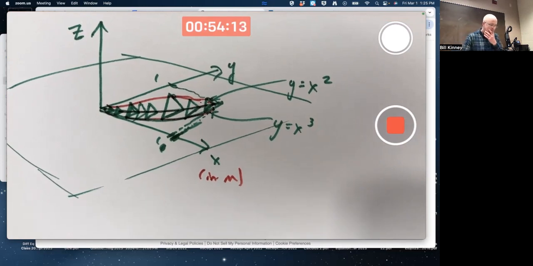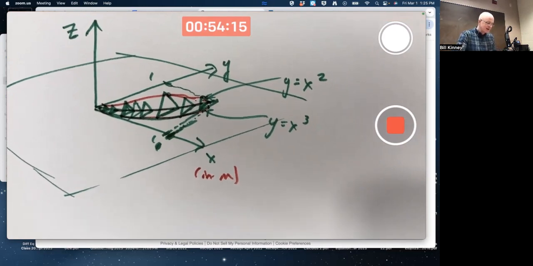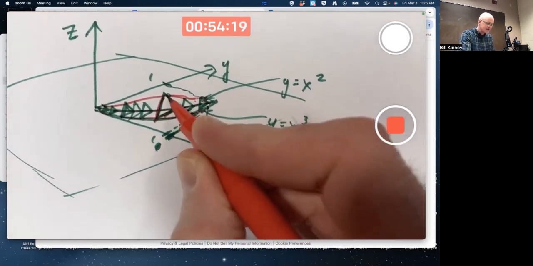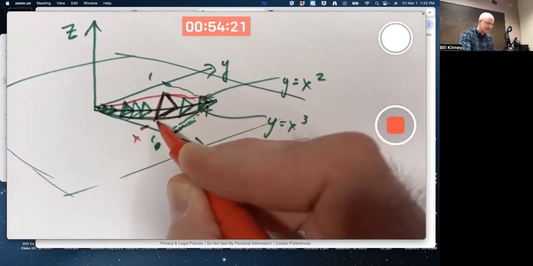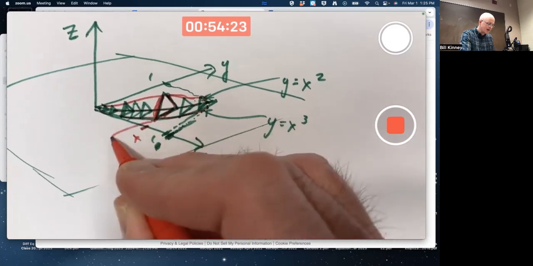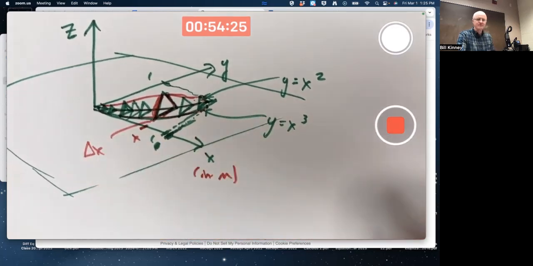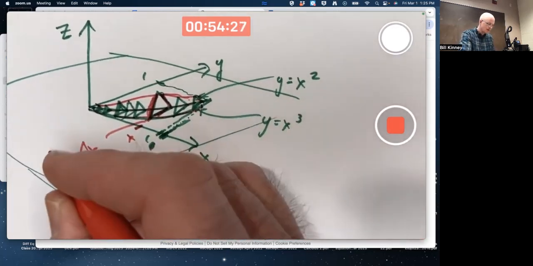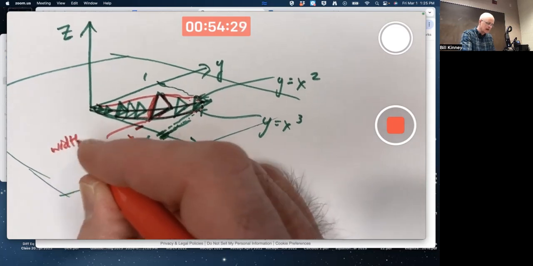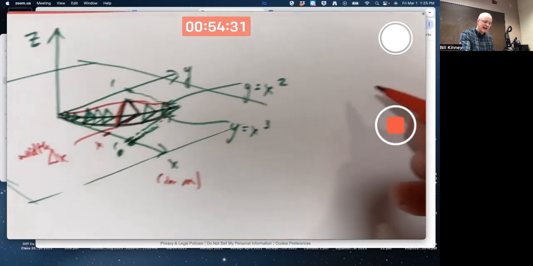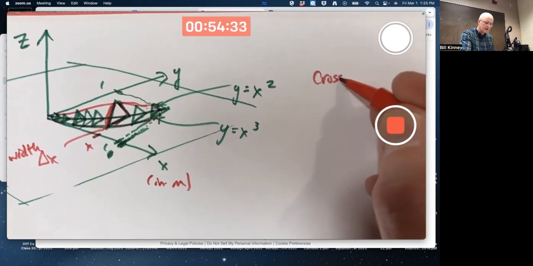Okay. What's the volume going to be? Think about your cross sections at a certain value of x that are thin and having a width delta x. The cross sections are equilateral triangles.